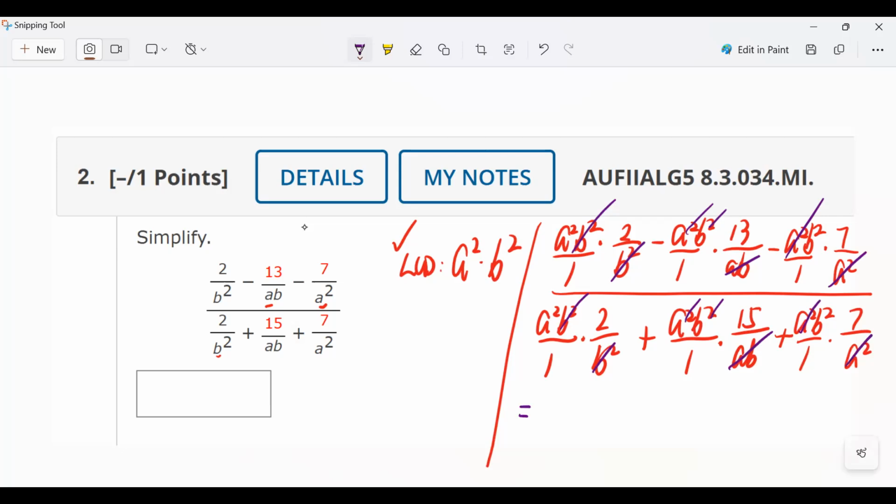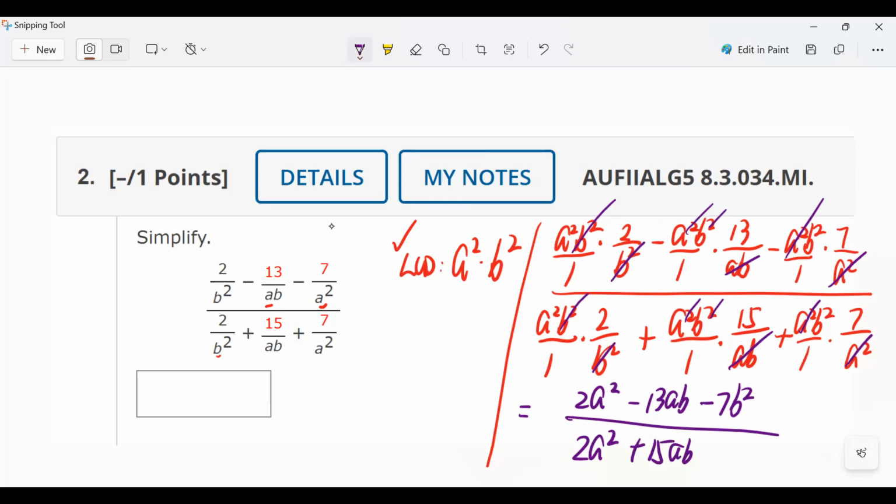Now we're going to end up with 2A square on the top minus 13AB minus 7B square over 2A square plus 15AB plus the second B square.